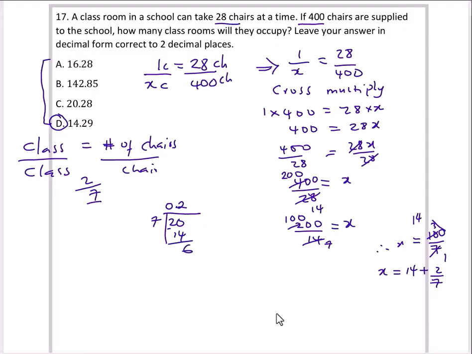And since 1 is remaining here, 1 minus 1 is 0. So we'll just add 0 here. 7 into 60: 8 times 7 is 56. So from here, 10 minus 6 is 4. And then here becomes 0.